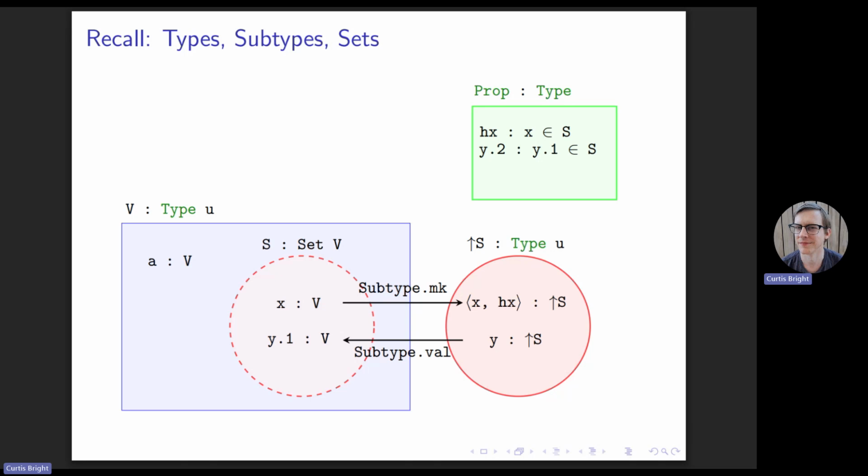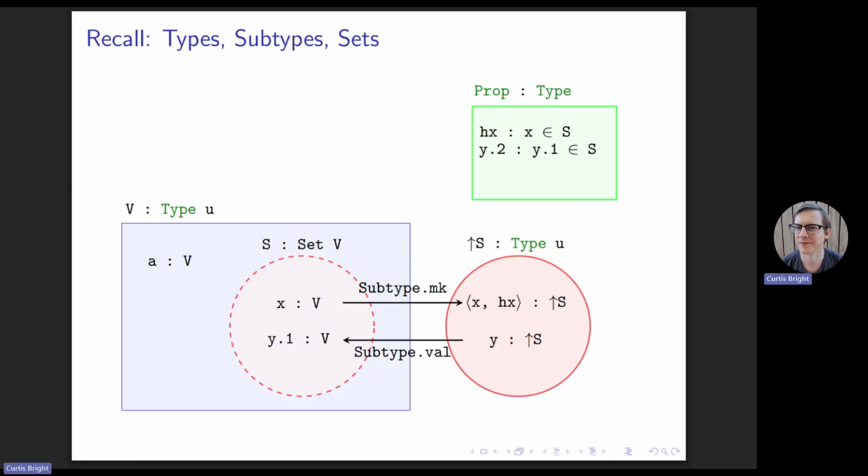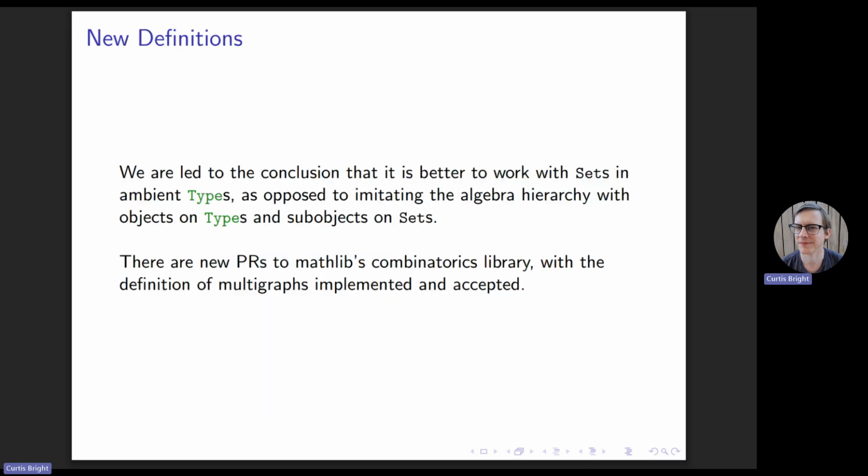So we are led to the conclusion that if we want to avoid these type coercions and these problems with type equality, where distinct types can't be compared, it's better to work with sets belonging to ambient types as opposed to imitating the algebra hierarchy with objects on types and subobjects on sets.